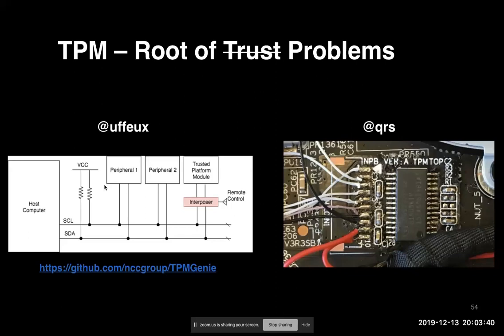Jeremy Boone with TPM Genie shows a way to create an interposer with very simple components. We will cover the TPM parts in our training, and we will talk about threat modeling on the TPM and how we can audit the TPM configuration on a platform.